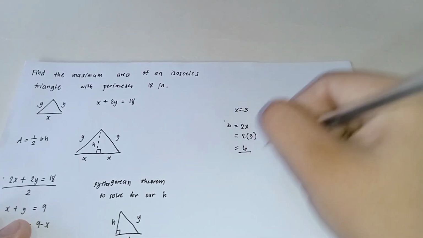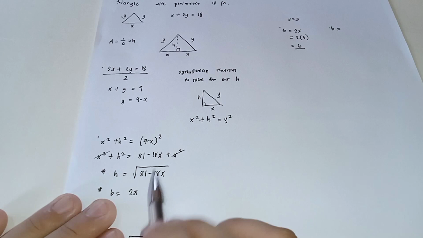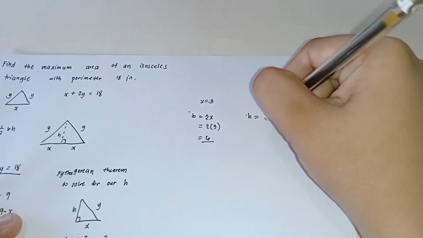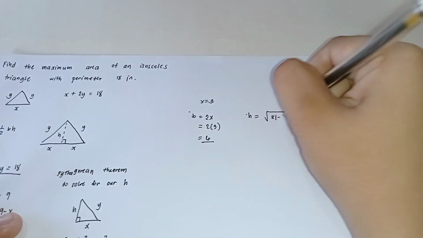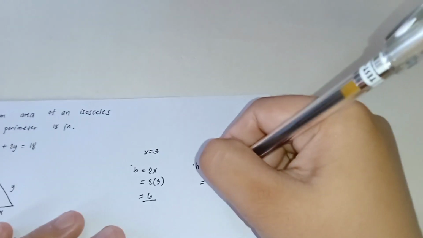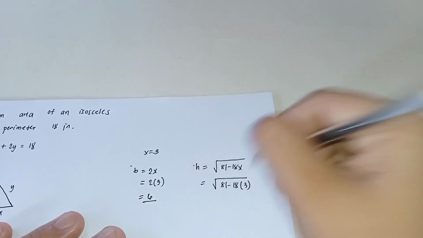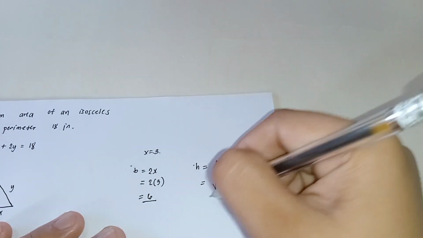So now for the value of our height. So let's copy this one here. Square root of 81 minus 18x. Then let's substitute the value of x. Square root of 81 minus 18 times the value of our x, 3.